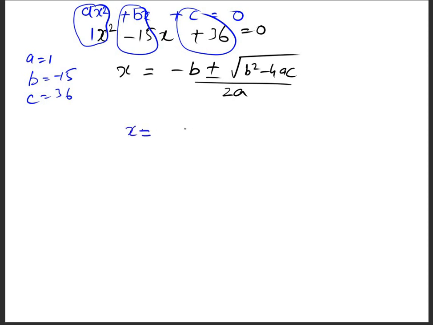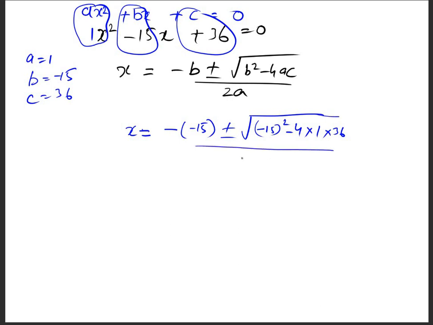So x equals to minus b, and b is a negative, right? So minus of minus 15 plus minus the square root of b squared, which is negative 15 squared, minus 4 times a is 1 and c is 36, over 2a. 2 times a is 1, because my value of a is 1.